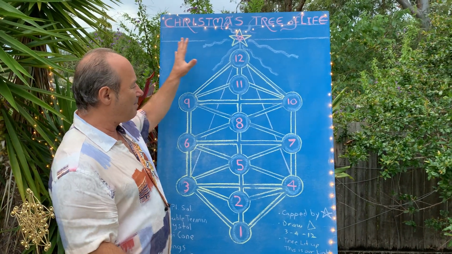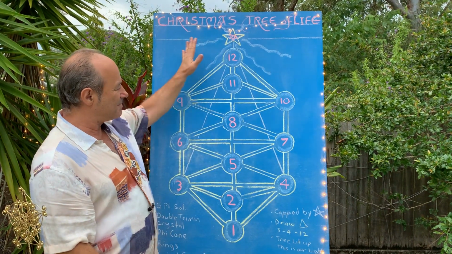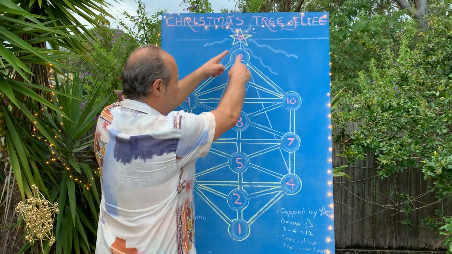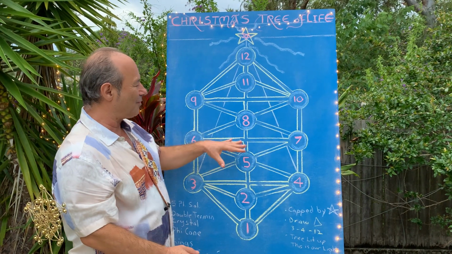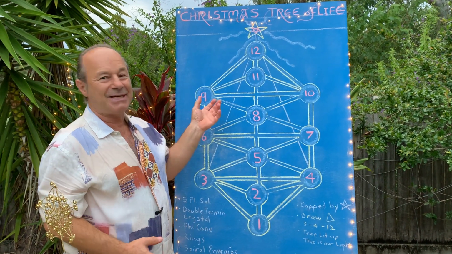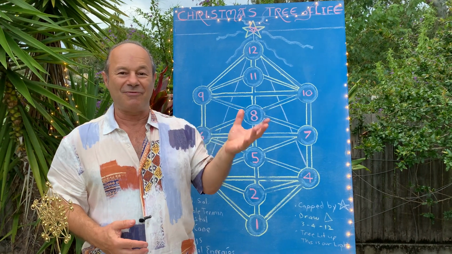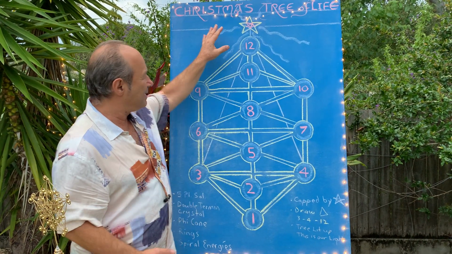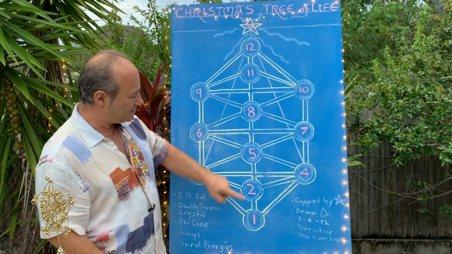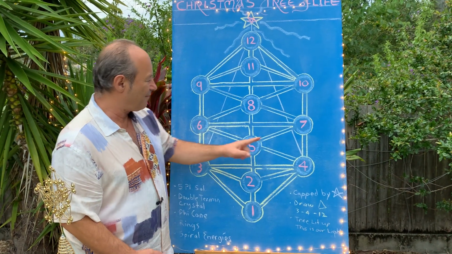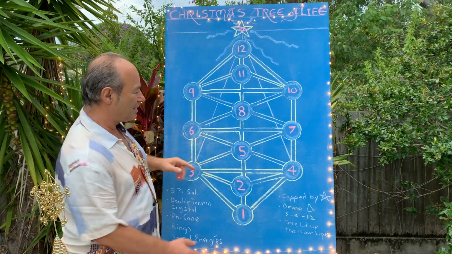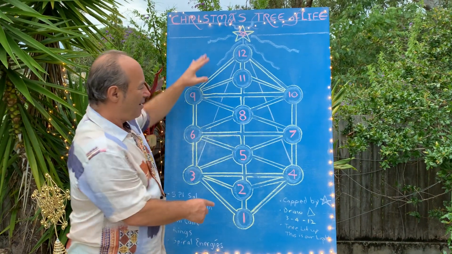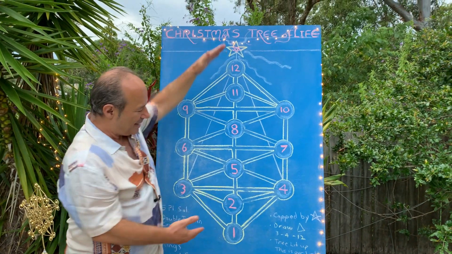So I believe that the origin of the Christmas tree, which we're going to draw towards the end in this tall triangle, which is going to be based on the golden ratio, is that it emanates from the Qabbalah, the tree of life. So when you see these 12 spheres, 1, 2, 3, 4, 5, 6, 7, 8, 9, 10, 11, 12, it's kind of like a lightning bolt, a zigzag of energy from the celestial down to the terrestrial.